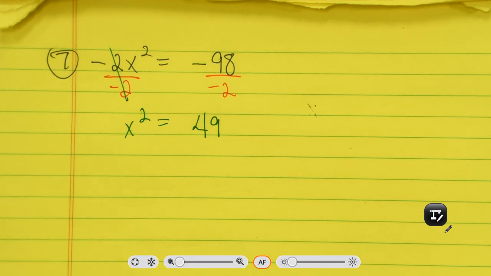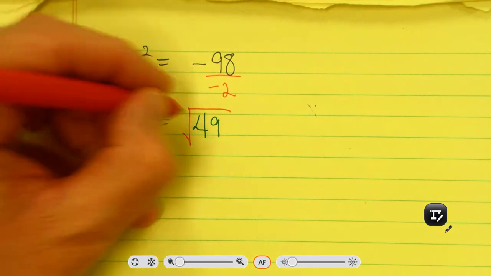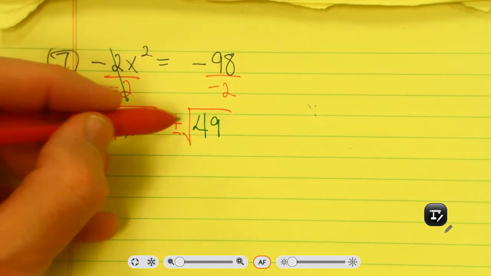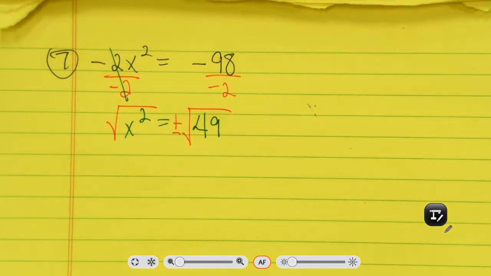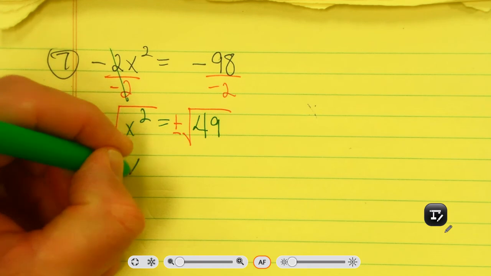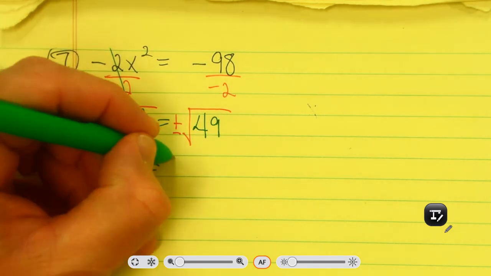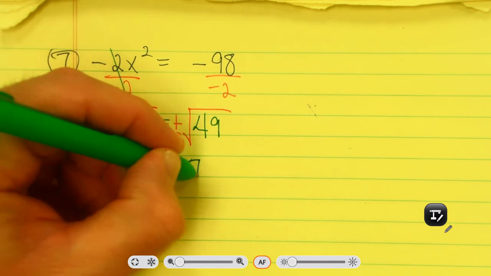I'll take the square root of both sides. Don't forget to write plus or minus. The square root of x squared is just x. The square root of 49 is 7, so it's plus or minus 7.